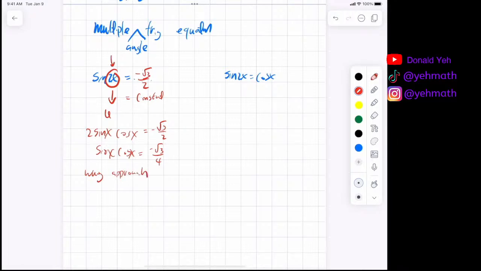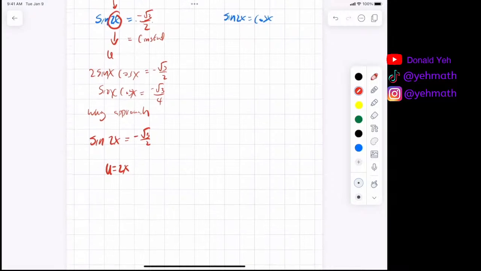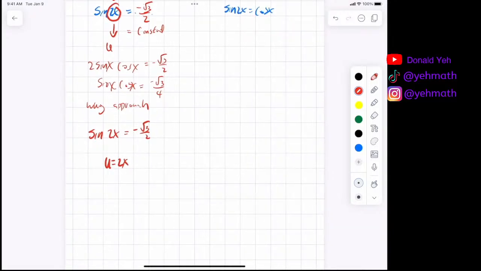Now this is 2x equal to a constant. I suggest you use u substitution. So sine 2x equal to negative square root 3 over 2. I don't like 2x. Since this is multiple angle, I can say u equal to 2x. Then you say, well, what does that do for me?